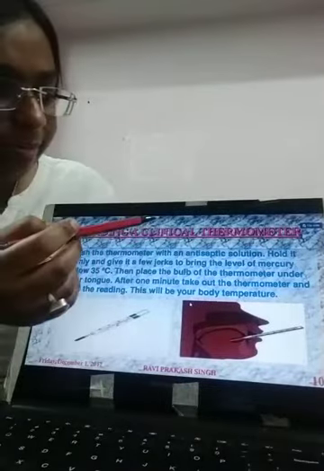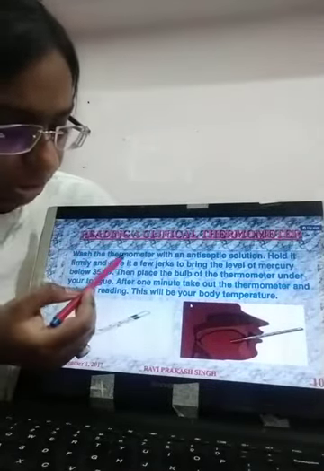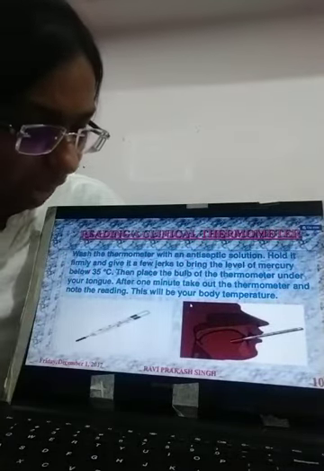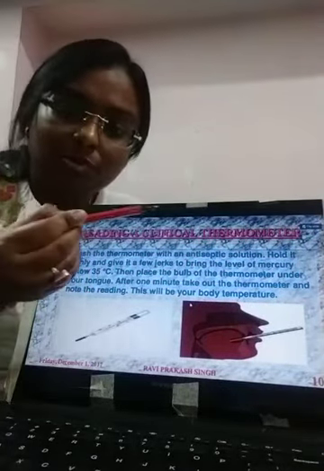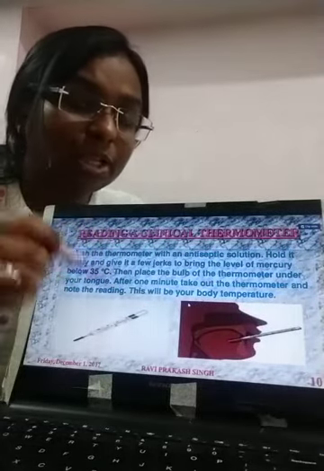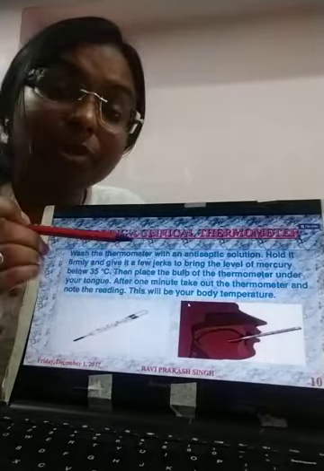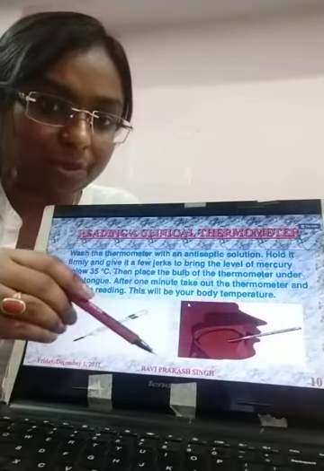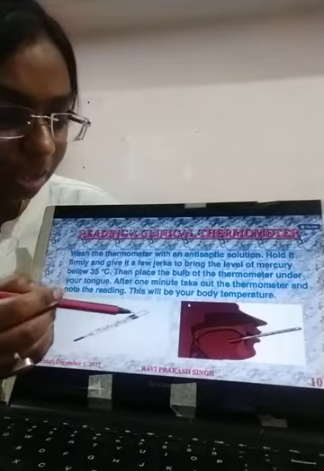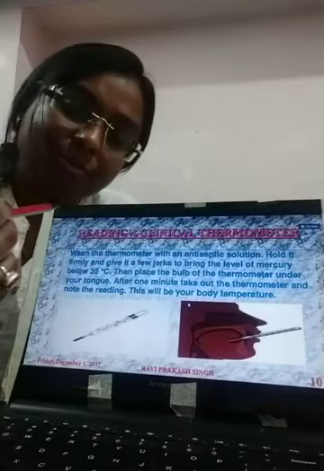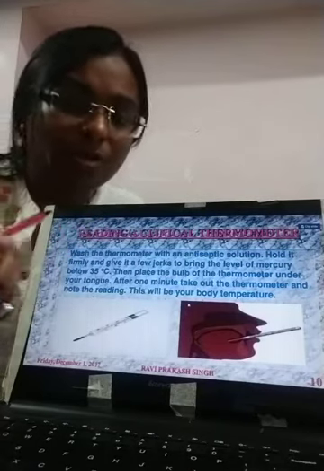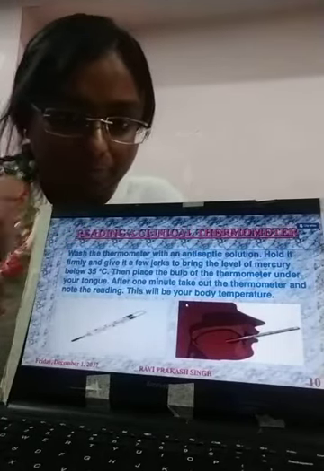Next, how to take the reading of a thermometer. Wash the thermometer with an antiseptic solution, hold it firmly and give it a few jerks. Why do you need to give the jerks? You need to give the jerks so that the mercury level falls down, so that you can get an accurate measurement of temperature. After giving a few jerks, you put the thermometer under your tongue or under your armpit, right?